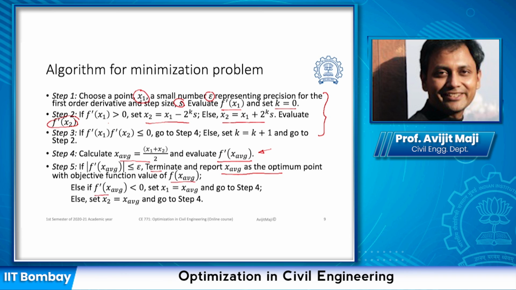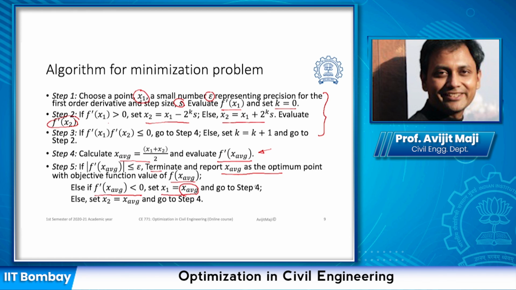If the nature of the slope or the gradient is negative, then the lower boundary x1 is moved to this new point, this average point, and we go to step 4 to find a point, and the process continues.